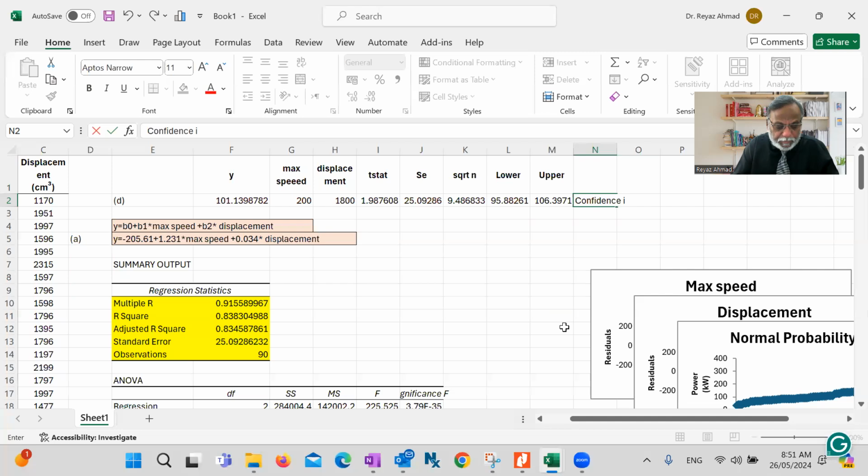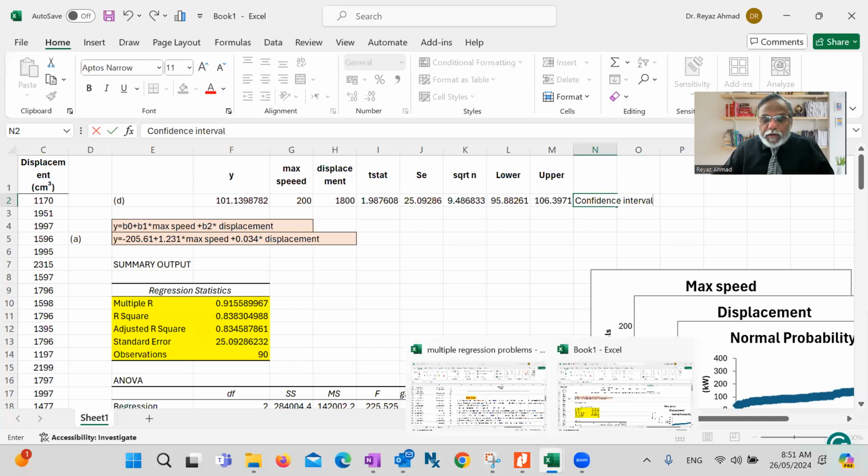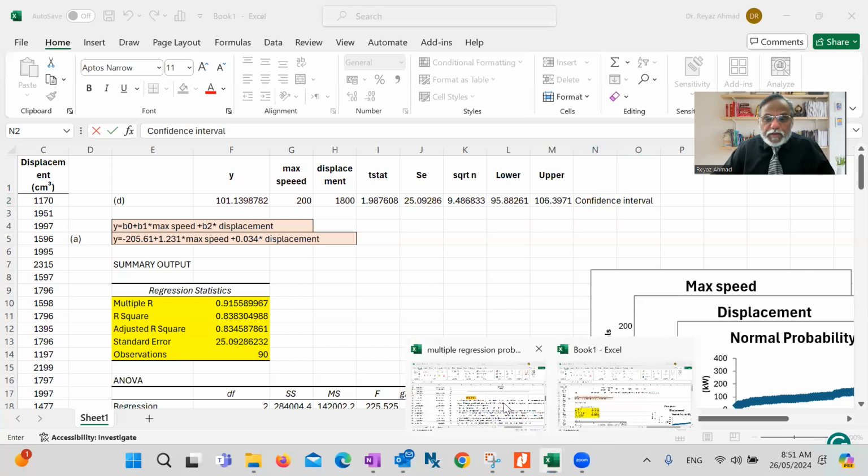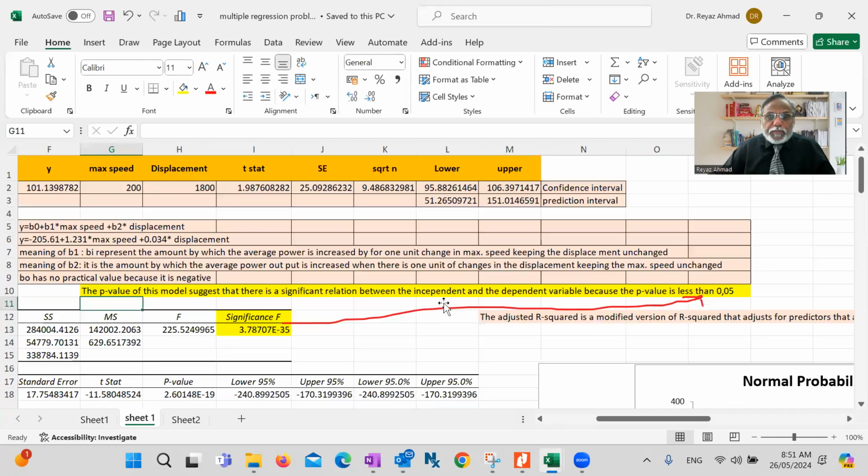I have already shown this to you here. These answers are already here in the sheet that I provided you. Look here, the confidence interval is already over here, okay? But I'm just showing you because you need to know how to do it.